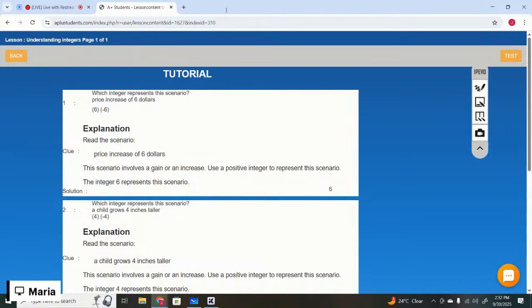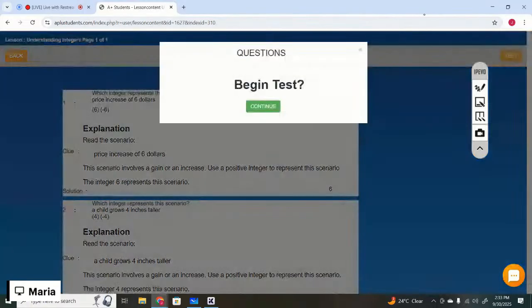Which integer represents the scenario price increase of $6? So increases are always represented by a positive number. So positive 6 it is. Let's just start with the test questions.